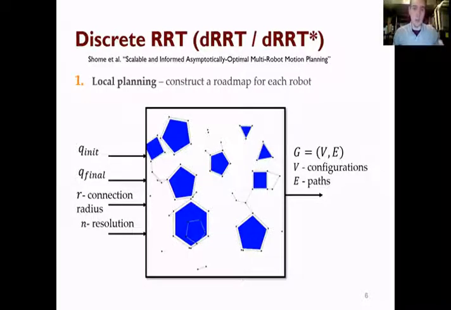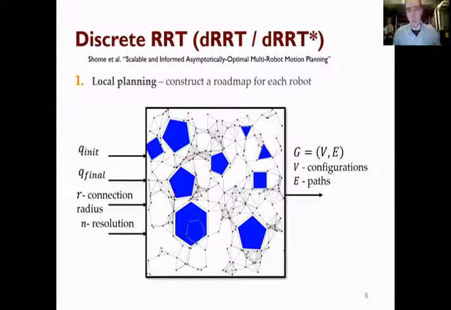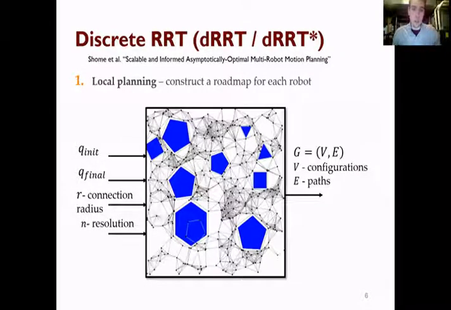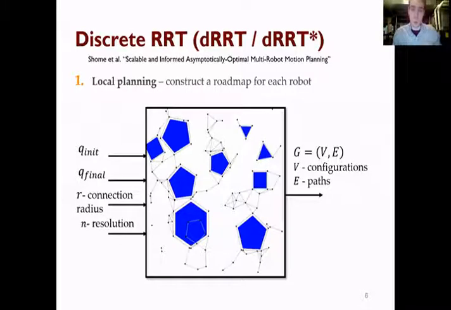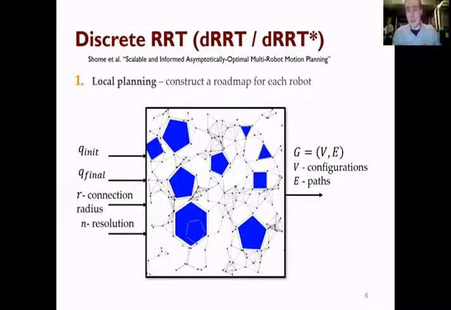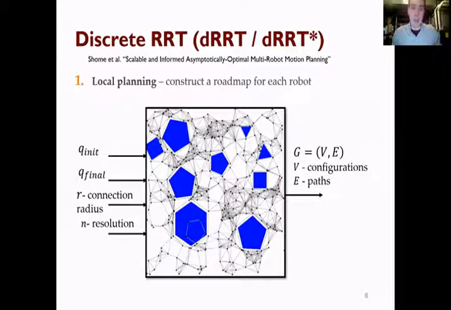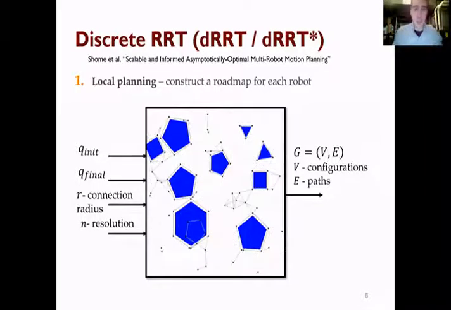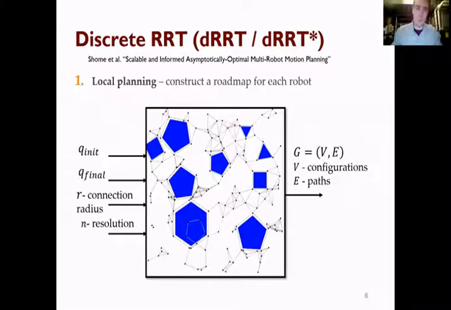So you can see below, this would be an example of a roadmap building stage where you input your initial and final configurations, you give the map some connection radius and resolution requirements, and you form a graph where vertices represent configurations and edges represent feasible paths between those configurations. And this is repeated for each robot.